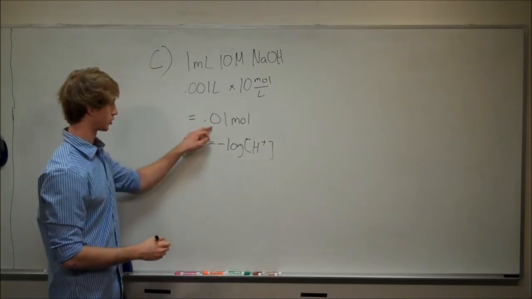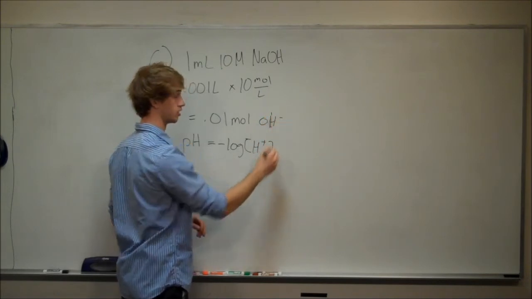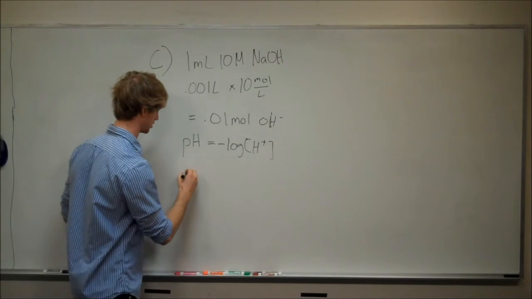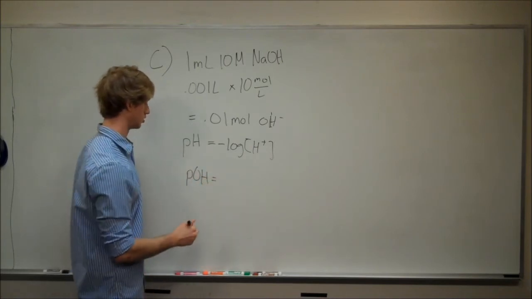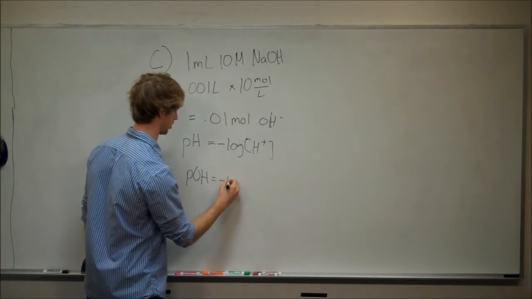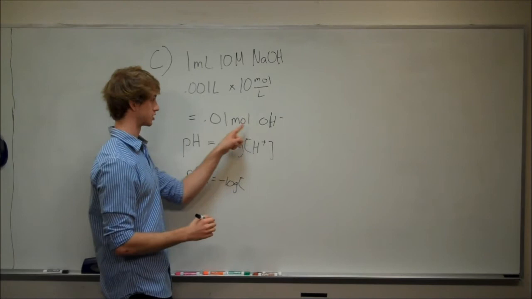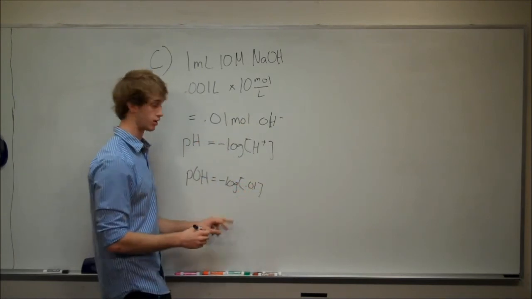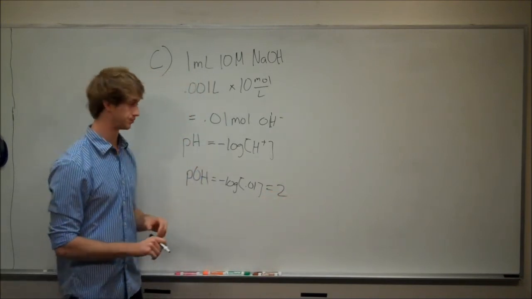So what we can calculate right now is we have the concentration of the hydroxide species, so we're going to find the pOH. The pOH is going to equal negative log of our concentration of OH minus, which happens to be 0.01. If you plug this into your calculators, you should come out with 2. So the pOH is 2.